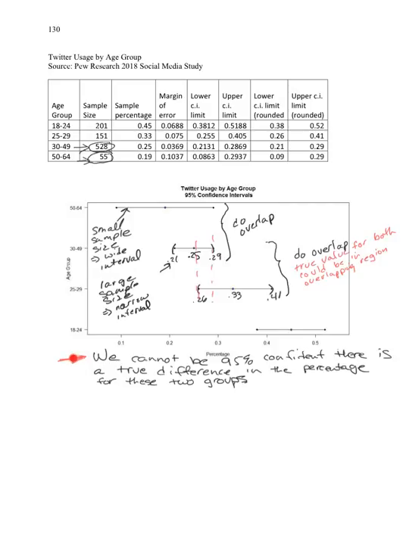So we cannot be 95% confident that there is a true difference in the percentage for these two groups. So we cannot be confident of a difference between the oldest and the next oldest, or the oldest and the 25 to 29, or this one from this one.